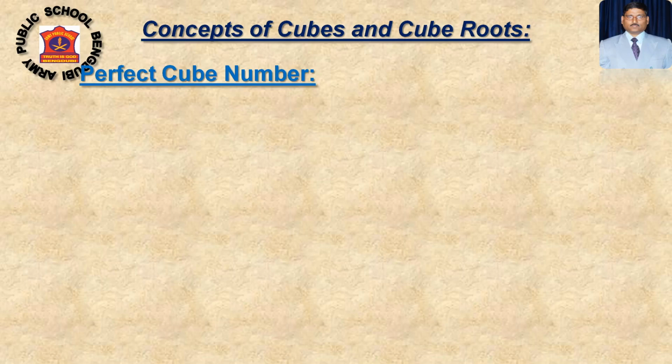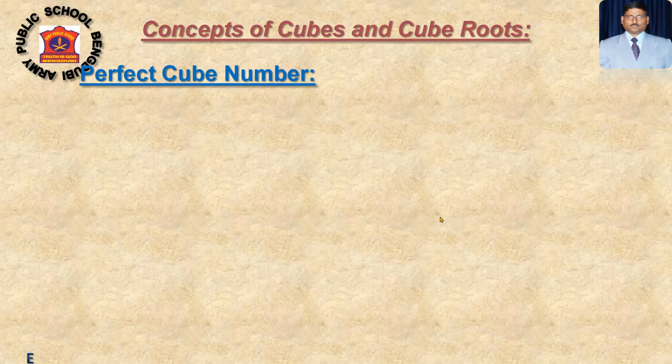I am repeating, any number when we can represent it as a product of 3 same prime factors, pairs of 3 prime factors, then that number will be a perfect cube number. If it is not, then we say it is not a perfect cube number.